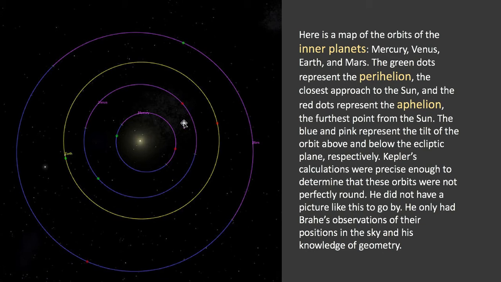So his data was precise enough to tell that Mars' location here at its aphelion was farther away than its location here at the perihelion, all from looking at Mars as a dot of light in the sky and being able to determine how far away it is at that moment in time.